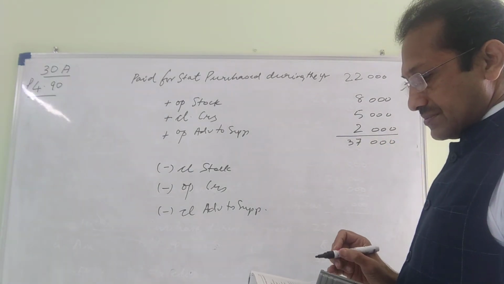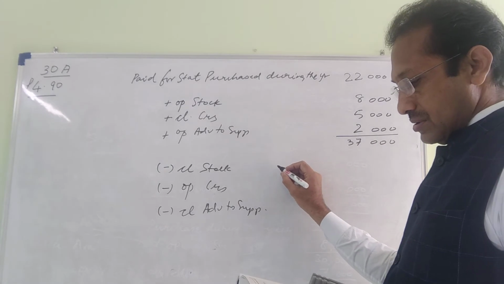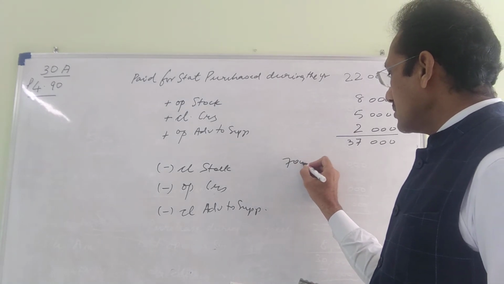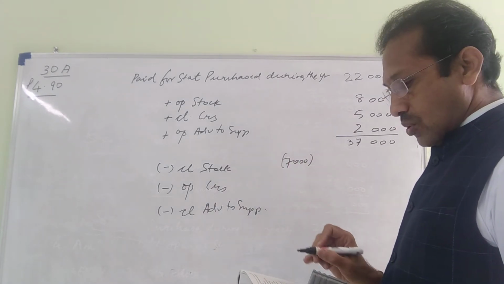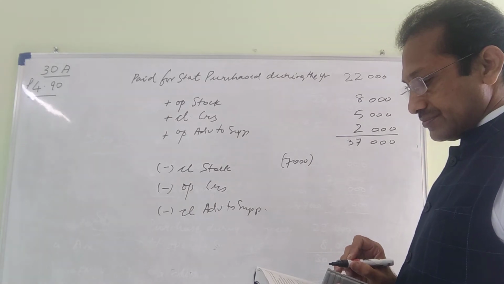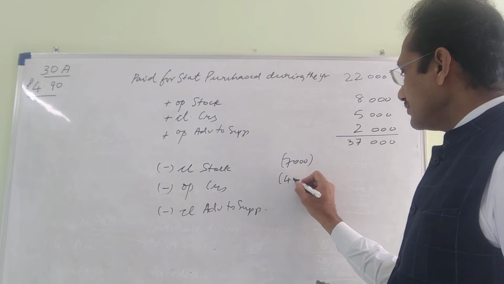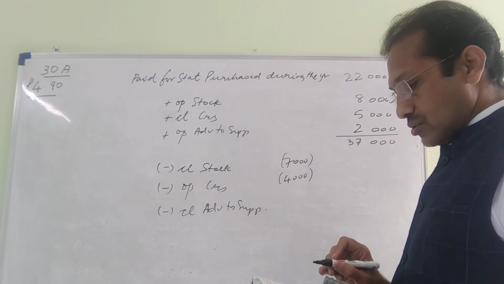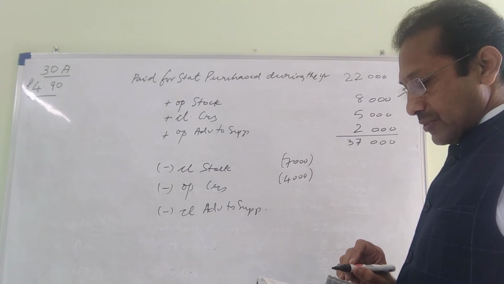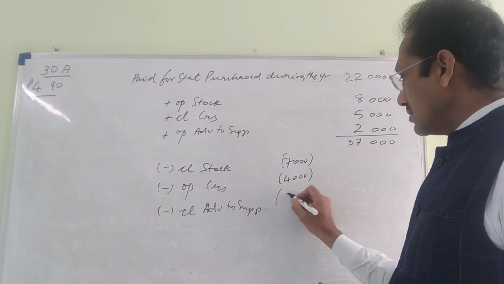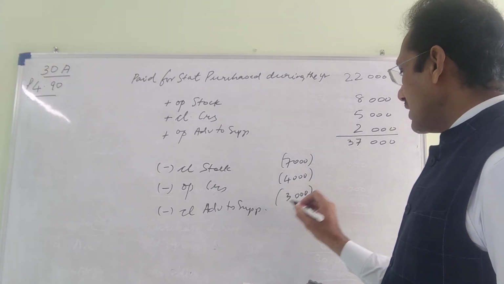Closing stock 7,000, opening creditors 4,000 and closing advance to suppliers 3,000.